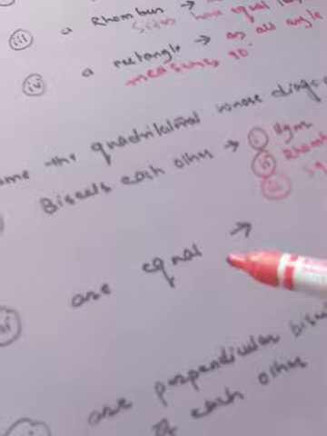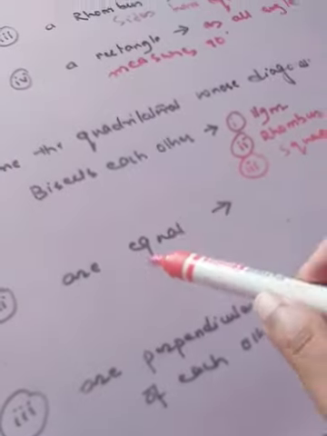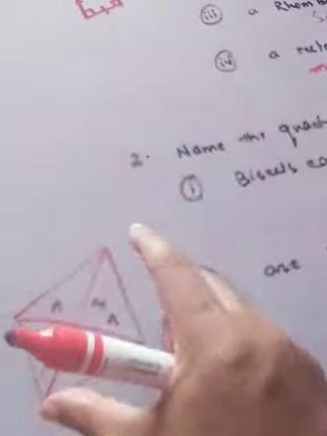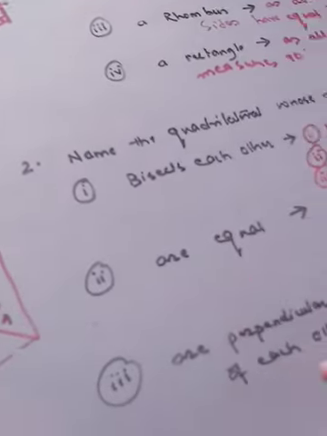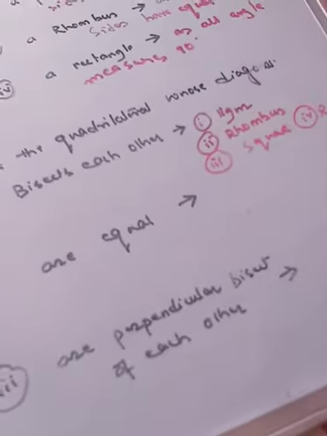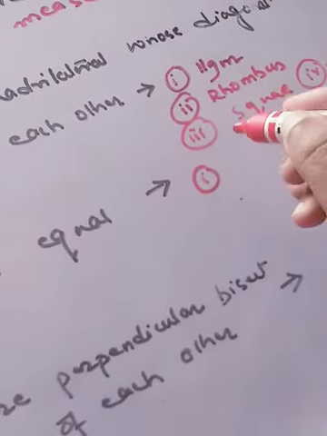Now let's see the second part of question number 2. Name the quadrilaterals whose diagonals are equal. The diagonals are equal in length. If this is 6, then this will also be 6. If this is 8, then this is also 8. In which quadrilaterals do you find this property? There are only 2 quadrilaterals.